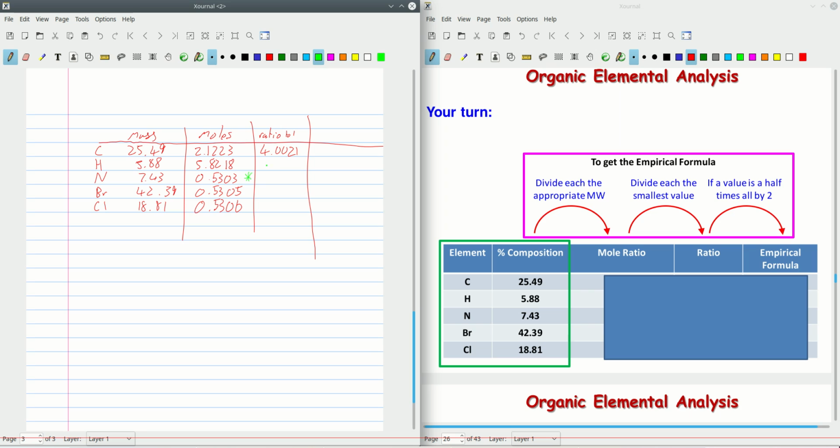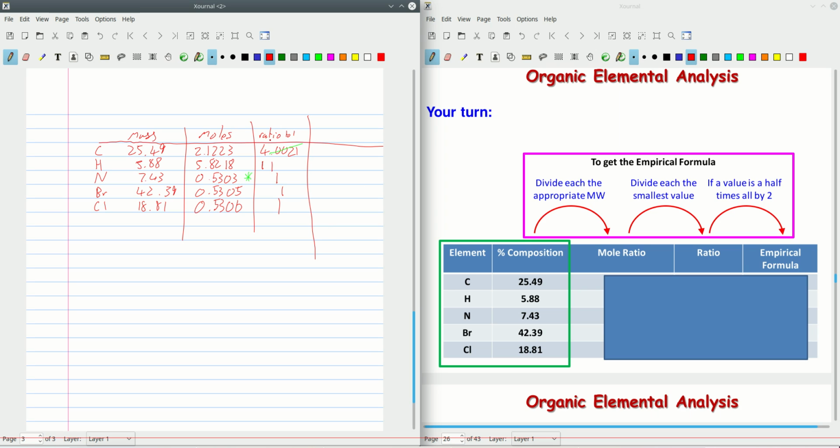Then 5.8218 divided by 0.5303 comes out as 10.98, but that's close enough to be 11. Then 0.5303 divided by itself is 1, and 0.5305 divided by 0.5303 will be 1 as well.